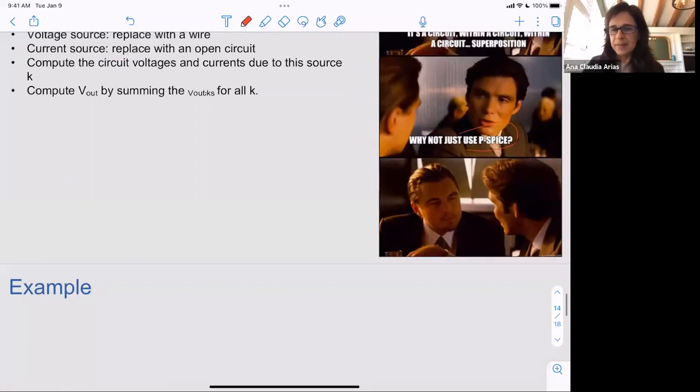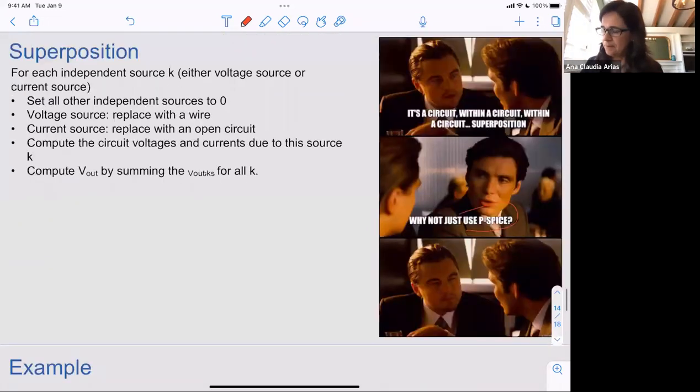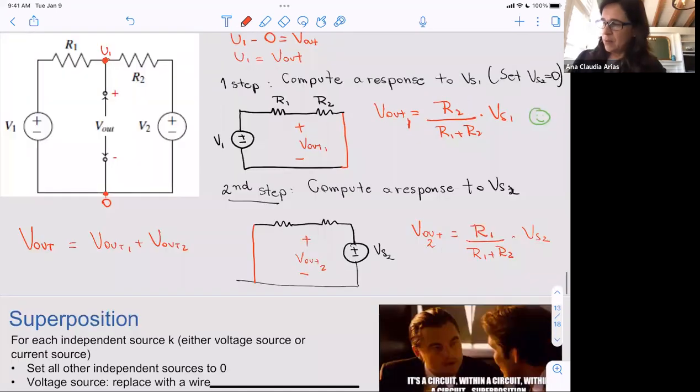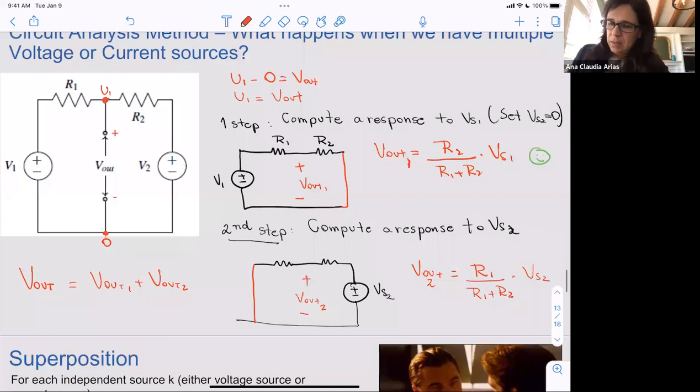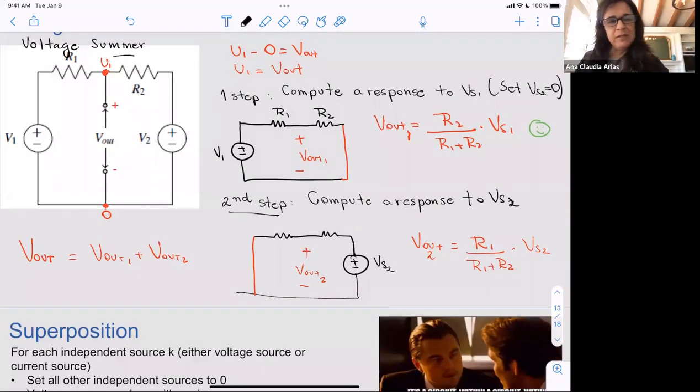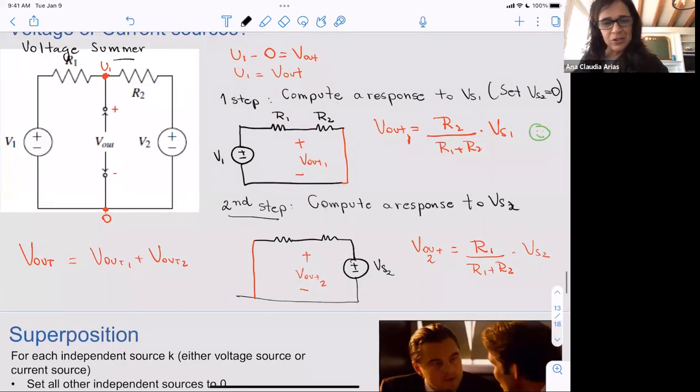So this circuit here is called a voltage summer. Not as in summer and winter, but because it's summing the voltages.